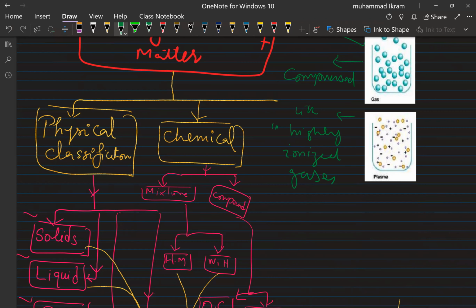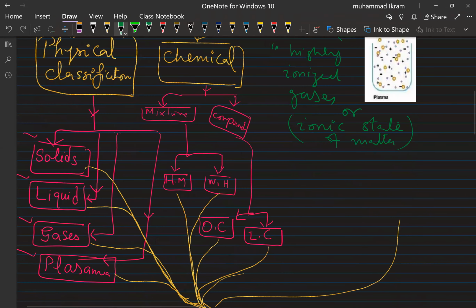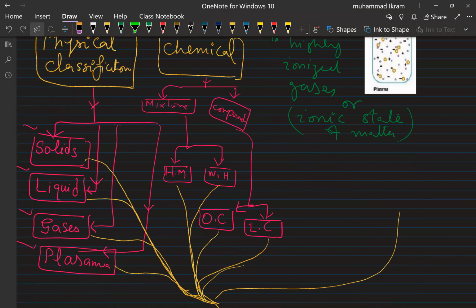It consists of highly ionized gases, right? Sometimes we can say it is the ionic state of matter. So when matter is in its ionic state, it changes into the fourth state of matter, right?